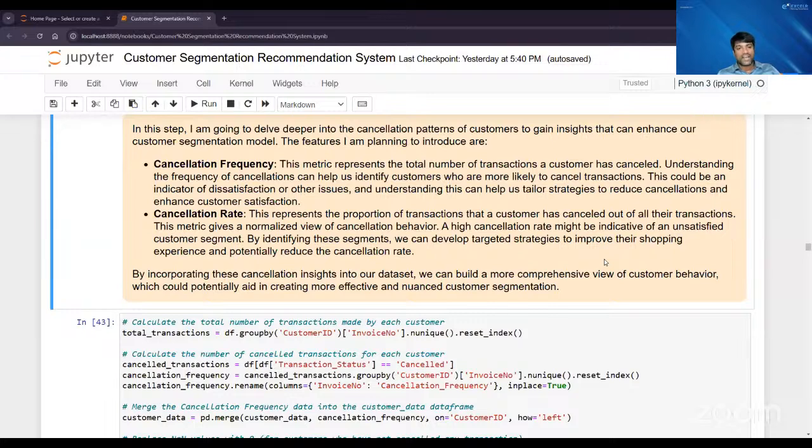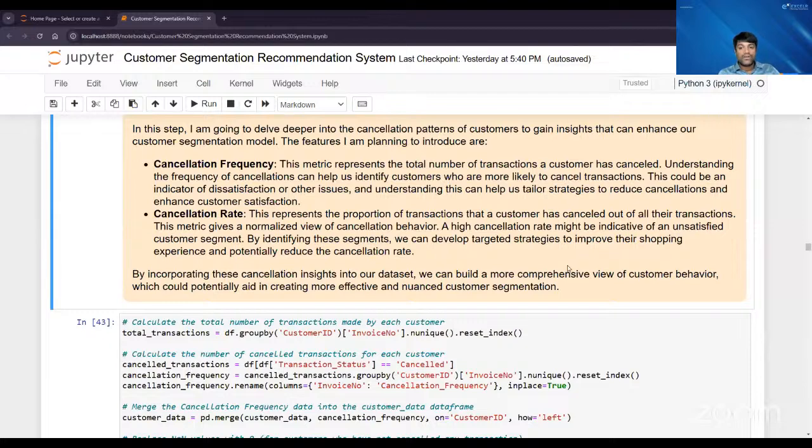He's not satisfied with the products, maybe the customer service or the products actually being delivered. So we can target them to understand what experience or difficulty they are facing that made them cancel the products. We can also identify the total number of transactions that a person has cancelled, and what could be the potential reason.